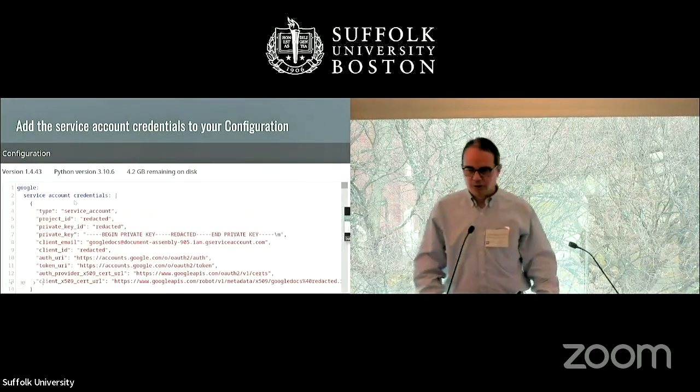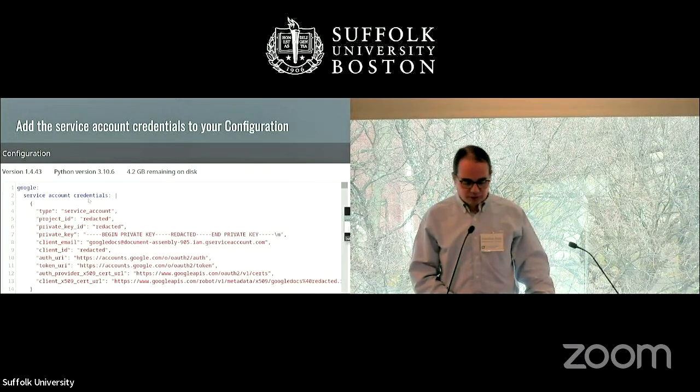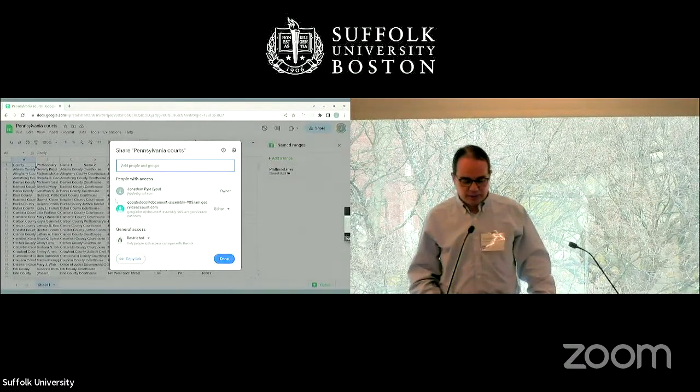You just plug those credentials as a string into your configuration, and then you can forget about it because you won't have to deal with it again. But you've got to get that email address, and any Google Sheet that you want to use with your docassemble interview, you just use the regular Google Sheets sharing feature and share it with that email address. That gives your docassemble interview access to the Google Sheet.